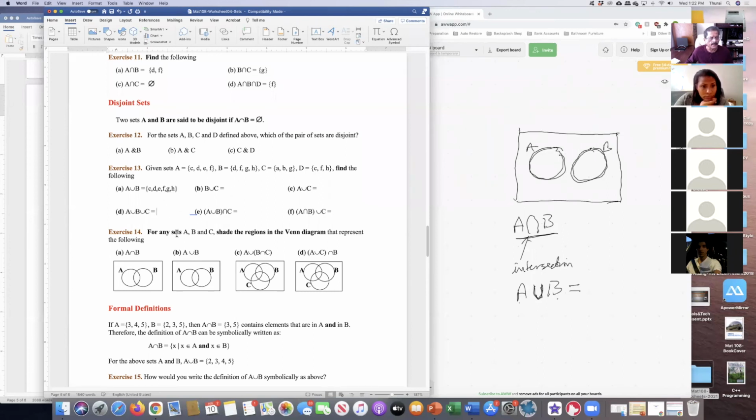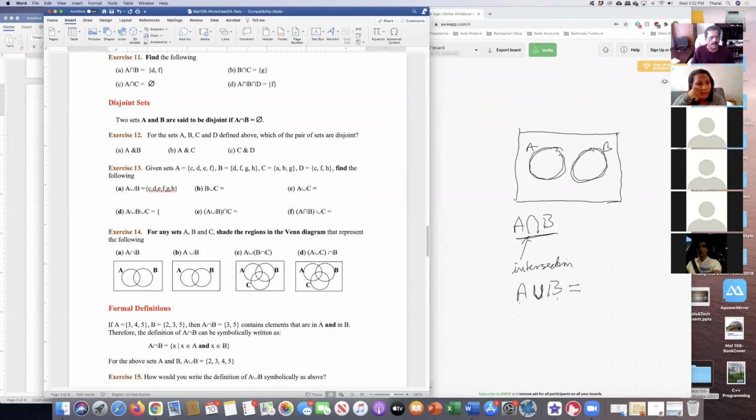Let's go to the D part, A union B union C. Even though the order doesn't matter, I recommend writing them in order. That way you won't miss anything.